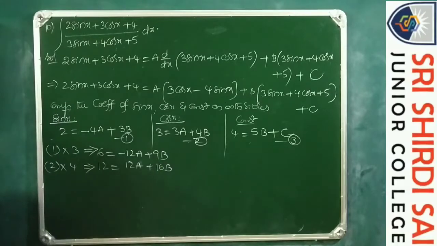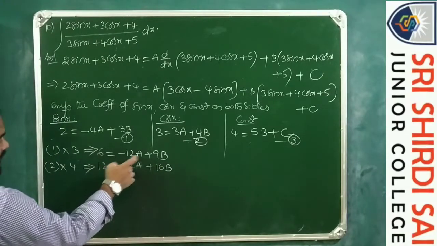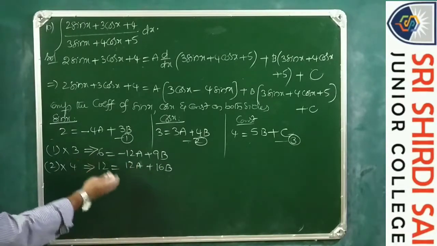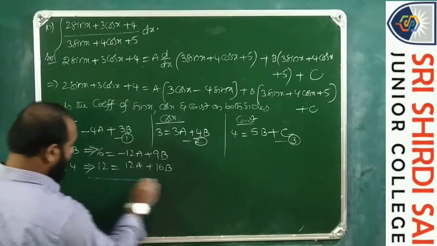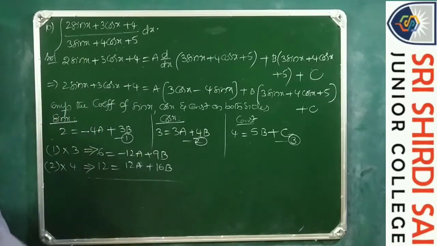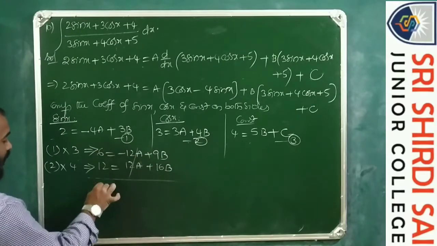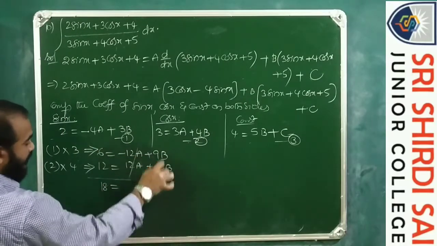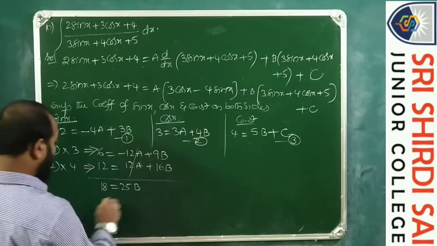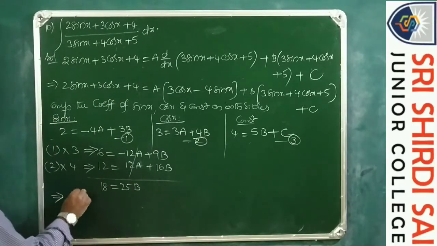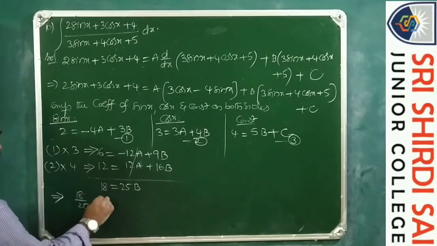By doing so, the minus 12A and 12A cancel. Now let us add: 6 plus 12 is 18, 9 plus 16 is 25B. From this, 18 by 25 is equal to B.